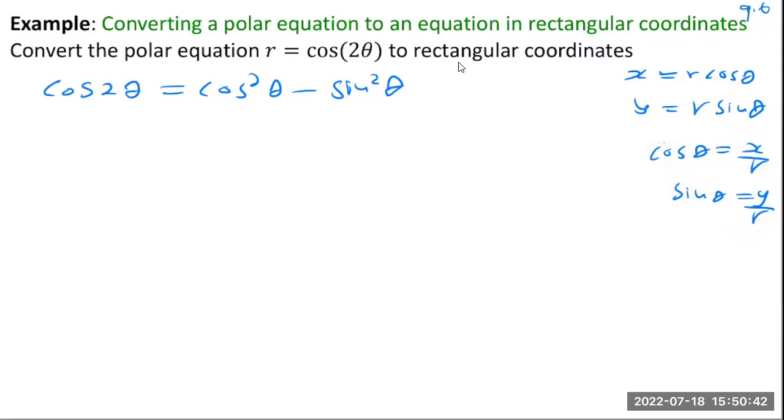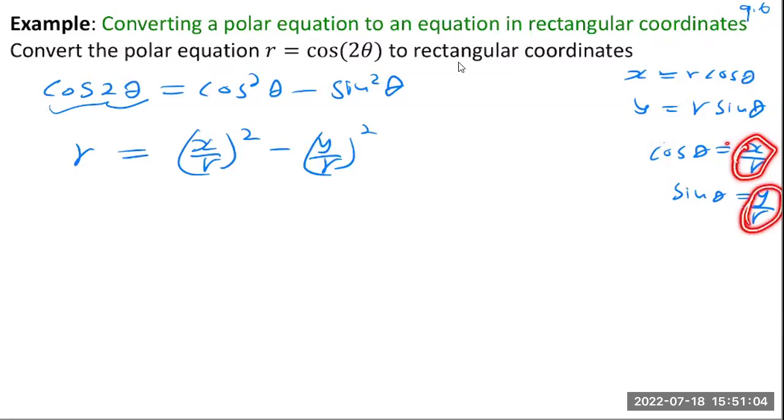Now I can plug that in here. We are given that r is equal to cosine 2 theta, so r is equal to cosine squared theta minus sine squared theta, that is, x divided by r whole thing squared minus y divided by r whole thing squared. Remember, cosine theta is x over r, sine theta is y over r.